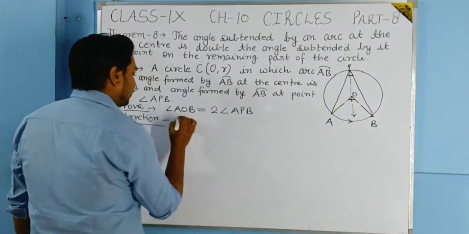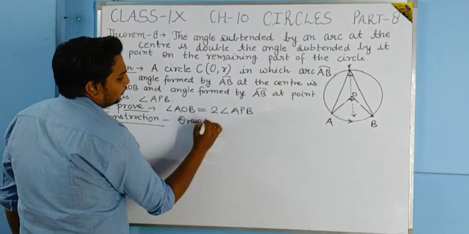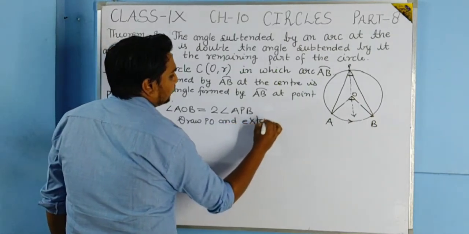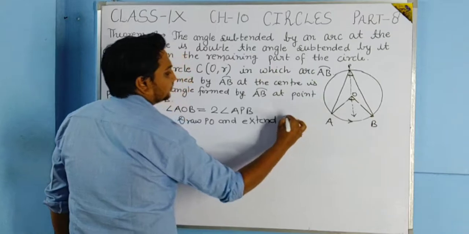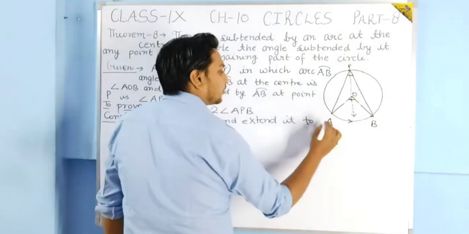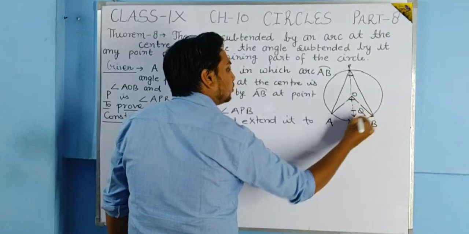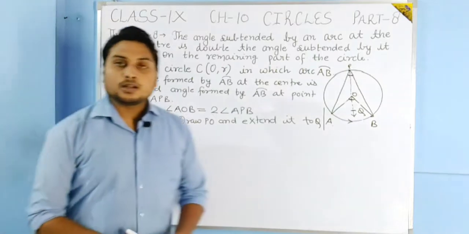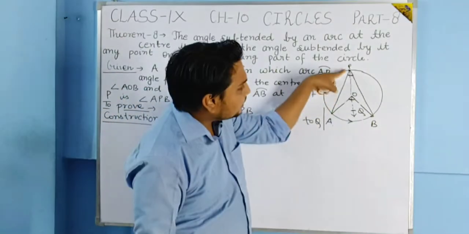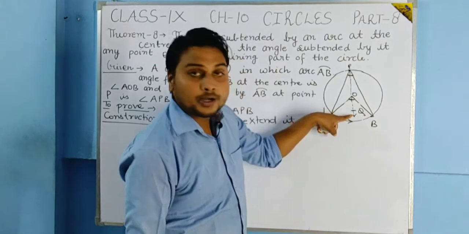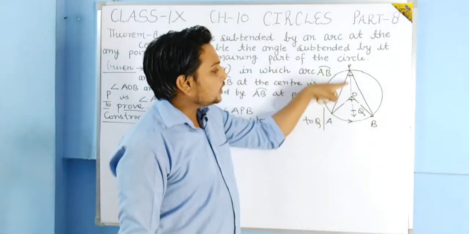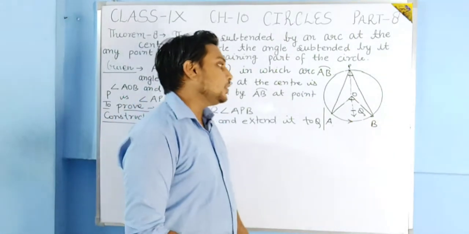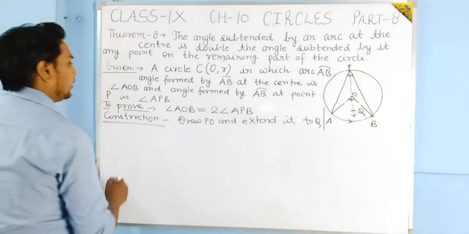Just draw PO and extend it to Q. Suppose this point is Q. What I have done in the construction part is join this PO and extend it to point Q. So PQ is a straight line, okay students.